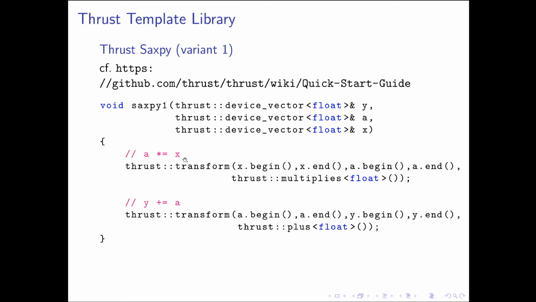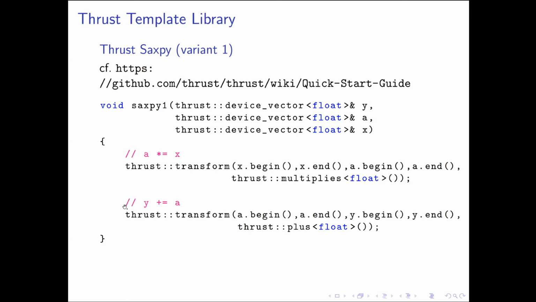And then we have the transform operation apply the multiplies functor to the items from those two vectors. So we have what essentially will result in one CUDA kernel call. Internally Thrust will dispatch this to a CUDA kernel call, and it will call this functor which will multiply the items from the vector X and the vector A, and we'll store the result in A.